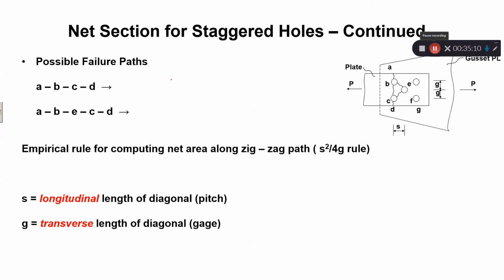Let's look at the possible failure path A, B, C, D. Along A, B, C, D, there are 2 holes that need to be taken out.